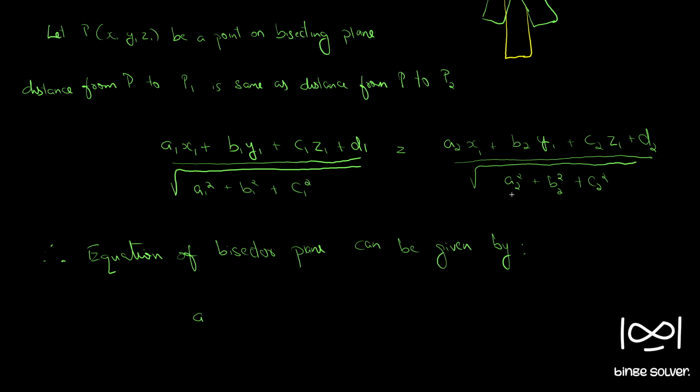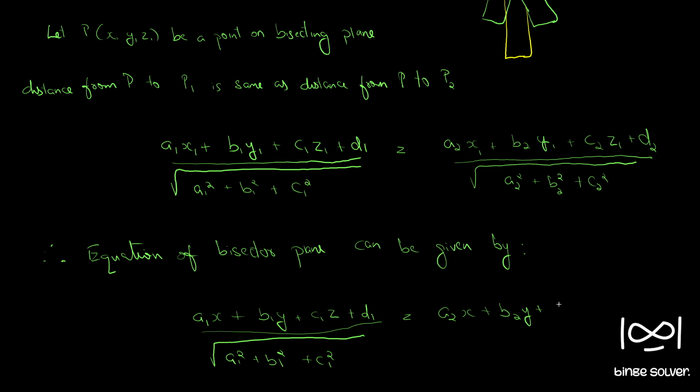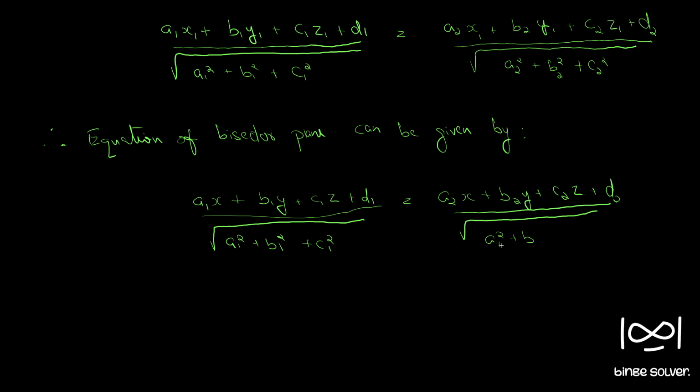Since any point on that bisector plane satisfies this condition, we can say the equation is this. So this is the general equation.